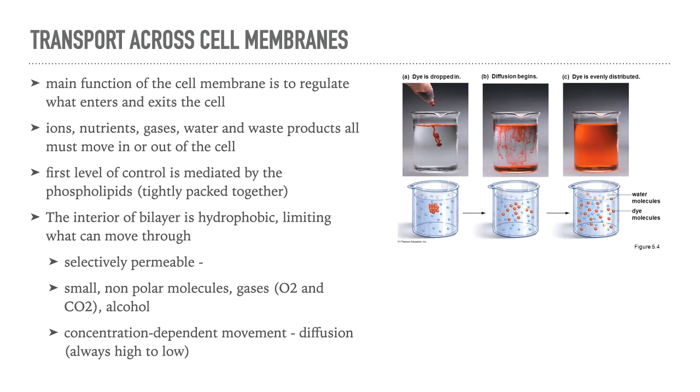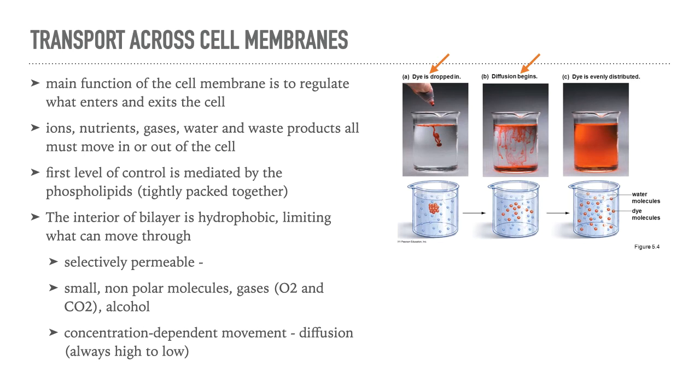Here's an example of simple diffusion. We see someone putting some red dye in water. When that red dye first enters the water, all the red dye molecules are concentrated and close together. If you just leave them there, you don't have to stir or anything, over time those dye molecules are going to start to move away from each other.